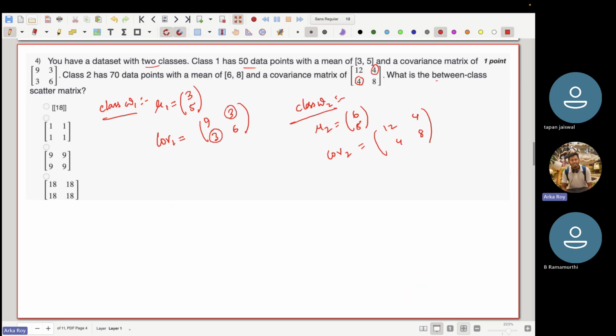Now we have to calculate the between class scatter matrix. So what is the formula for the between class scatter matrix?